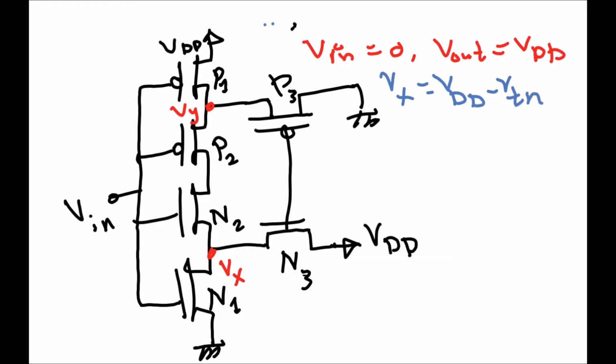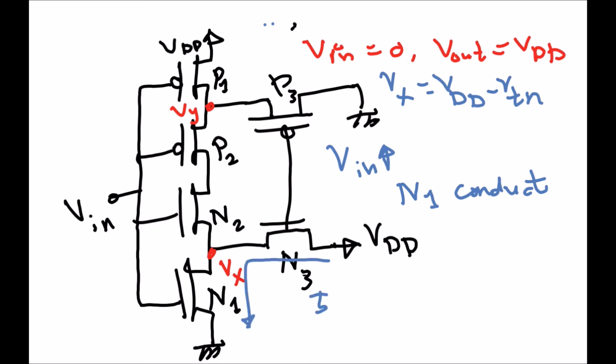What happens as V input increases? If V input is increased, N1 will start to conduct current, but N2 does not, because VGS of N2 will still not be sufficient to turn the transistor on. The current will flow here. We call this I1 equal to I3.